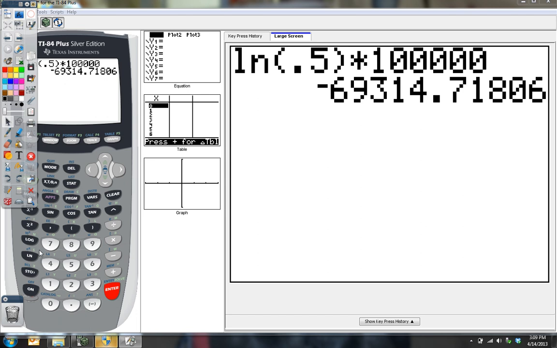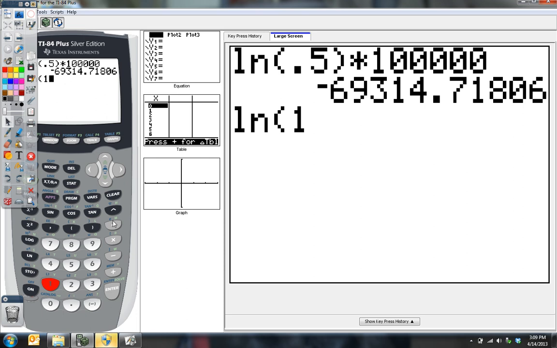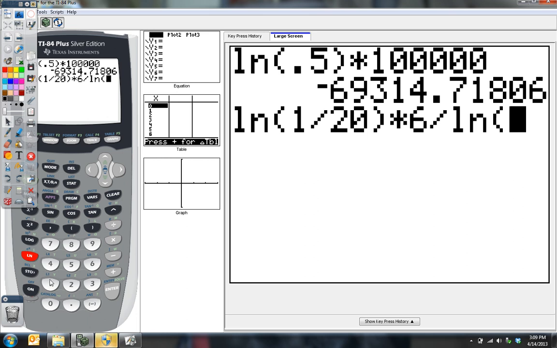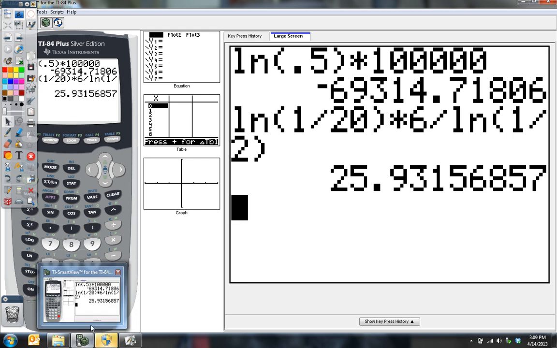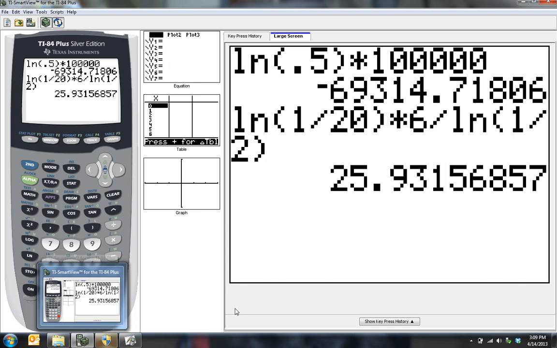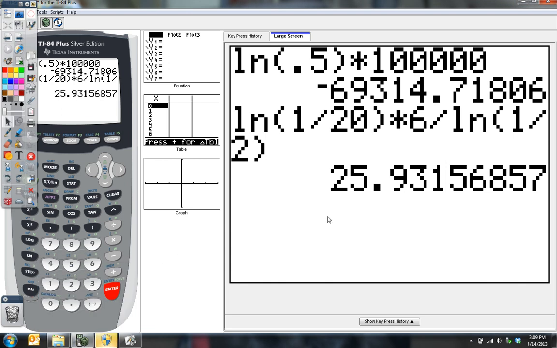So you're going to have the natural log of 1 divided by 20, times 6, divided by the natural log of 1 divided by 2, close parenthesis, enter, 25.931 or 932, because you can choose to round or you can choose to truncate.